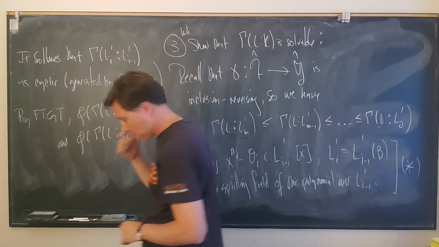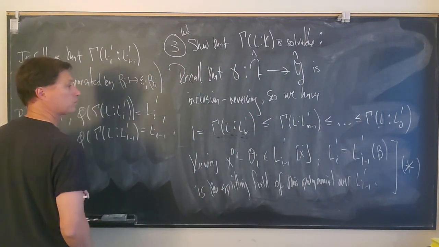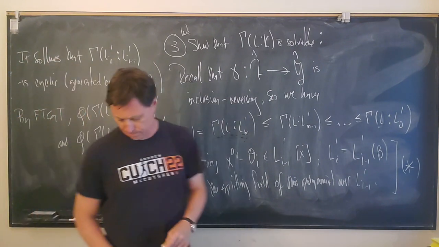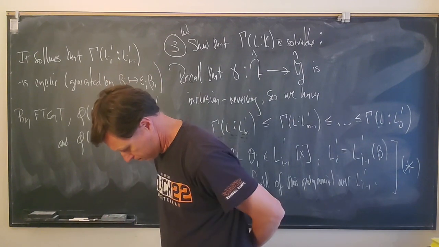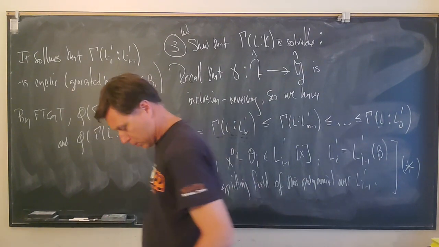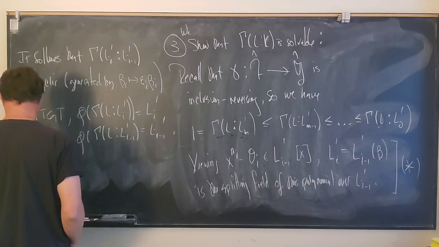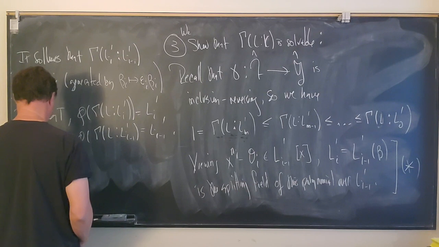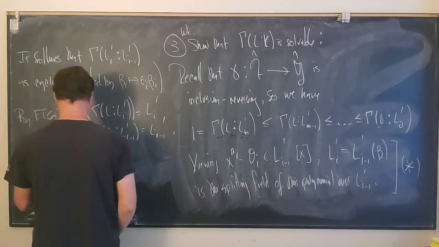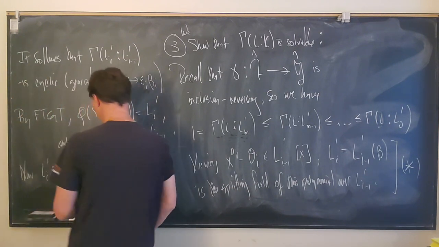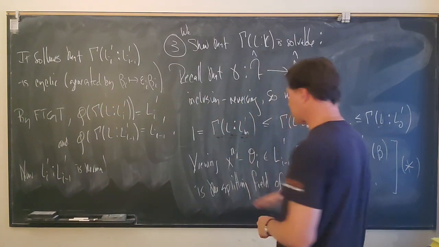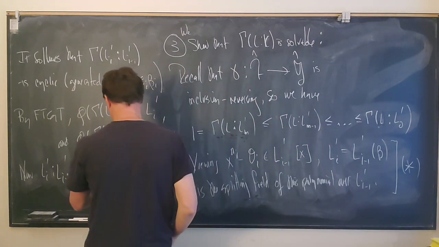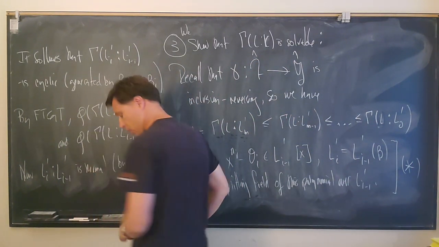Now, the extension L sub i prime over L sub i minus 1 prime is normal because it's a splitting field. This is by star.